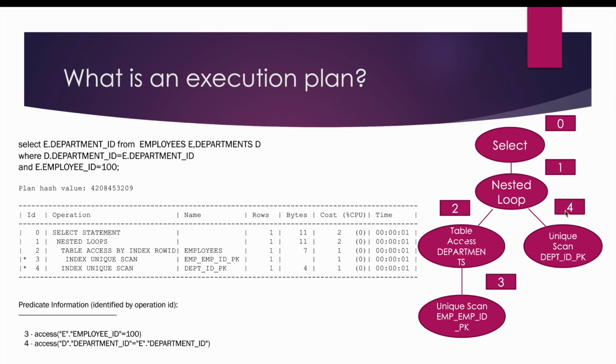Once operation number 4 is executed, operation number 1 will execute because both its children, 2 and 4, are executed already. So operation number 1 will be a nested loop join between the employees and the departments table, and once the join is completed, operation number 0 will execute, that is nothing but the select clause. So all the columns in the select clause, that is e.department_ID, will be fetched. So this is how we read the order of operation using the parent-child relationship diagram.